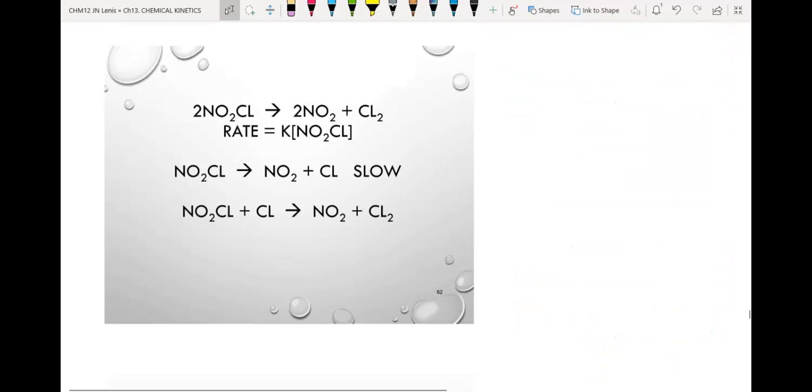All right, this is another example of a mechanism. It's showing the overall reaction here. It's showing the rate law for that overall reaction.